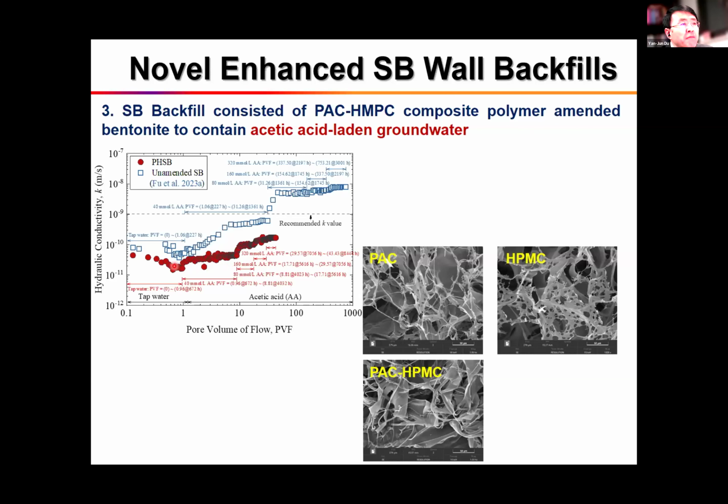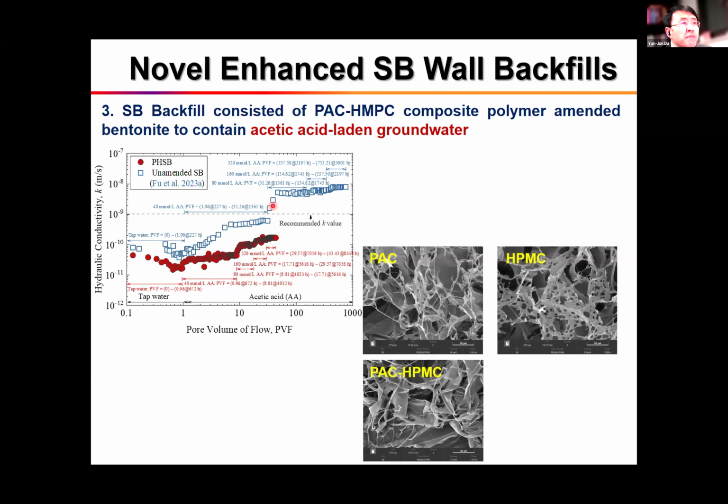We permeate that backfill with the acetic acid leachate groundwater. As you can see, here is the amended backfill, here the original unamended backfill. Again, we find the amended backfill has relatively low Kc.